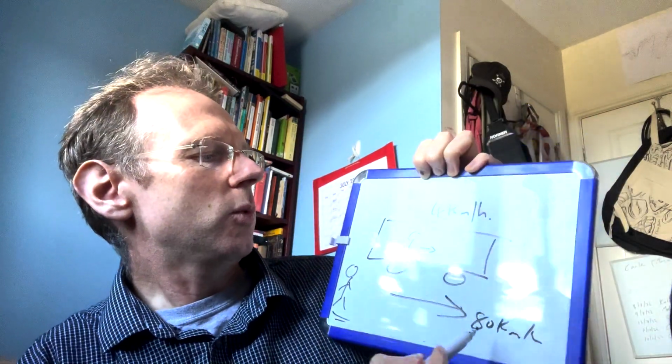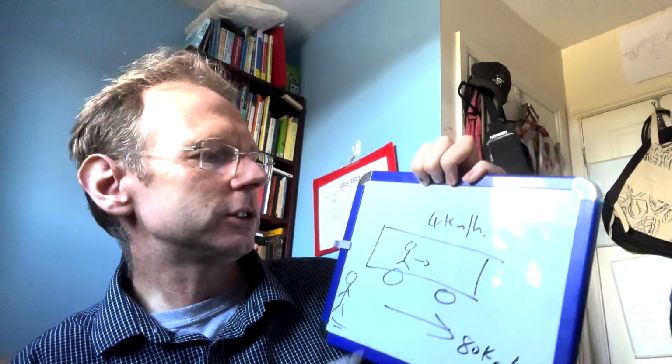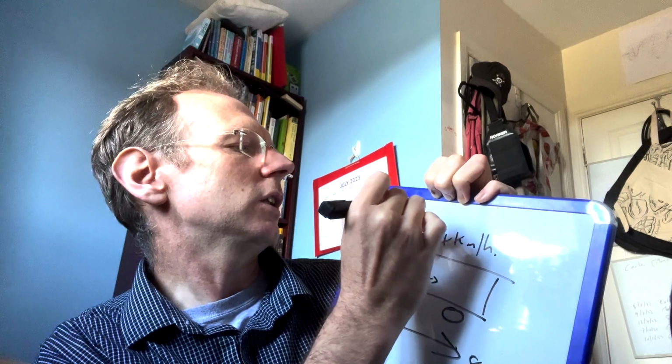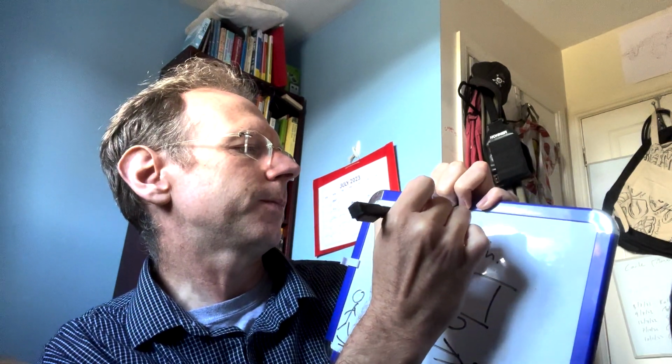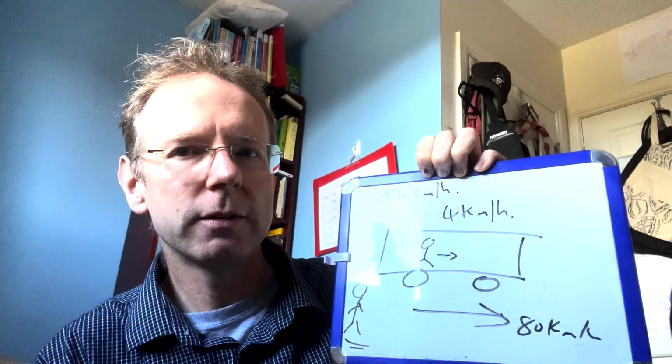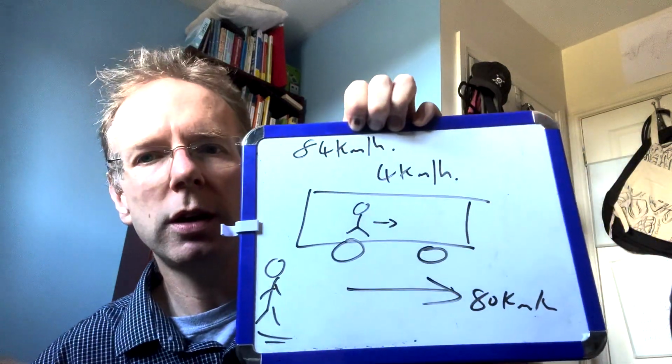What speed are you going at? Well, you just add these two, they're both going in the same direction, so it's 84 kilometers per hour you're moving at. Okay, it's all relative, that's quite easy. It's a one-dimensional relative speed problem.